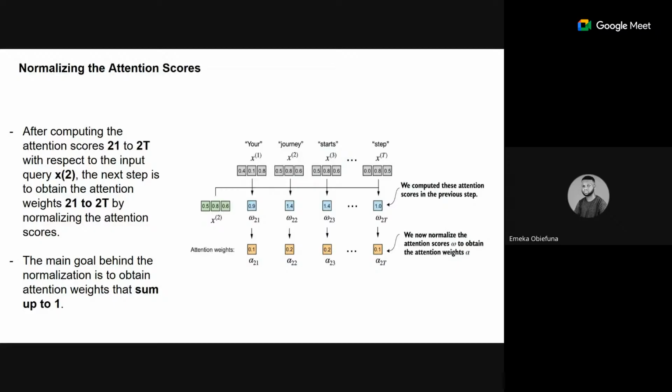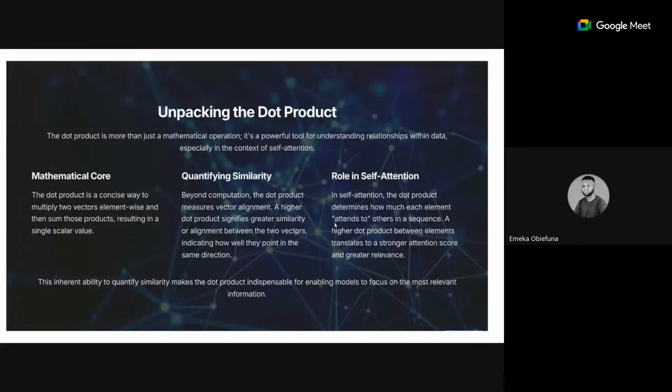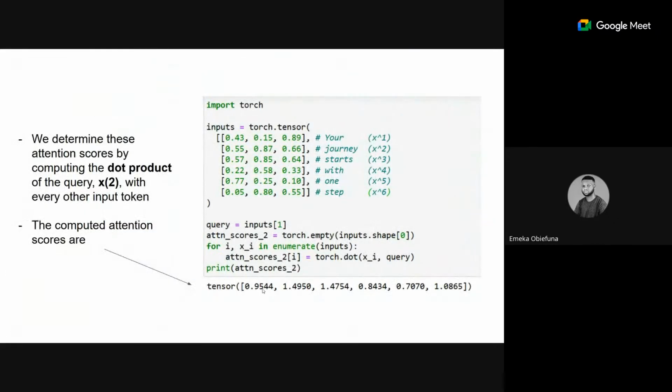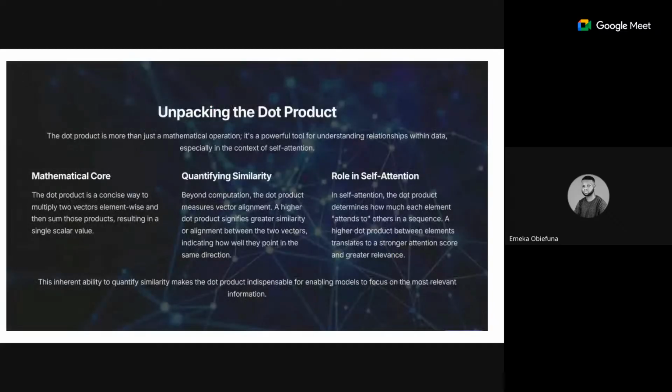So now, after you've gotten your attention score, the next thing is for us to get our attention weight. By the way, the values that you are seeing here, 0.9, 1.4, 1.4, 1.0, are exactly the same values that we got when we performed this dot product. It's also nice to point this out so that when you are going through the slide, you'll understand what the pictures and even the code are trying to do.